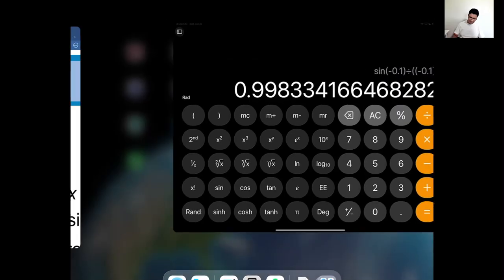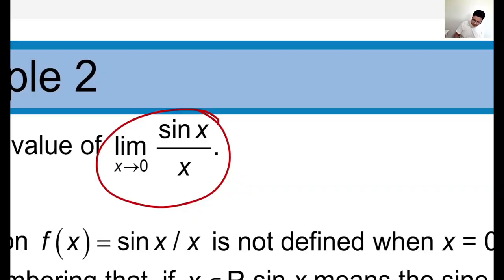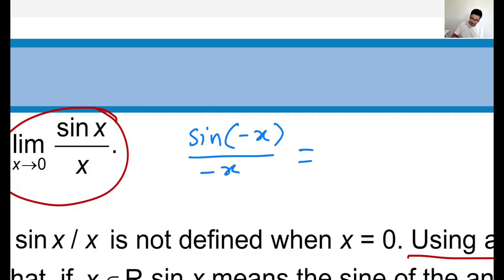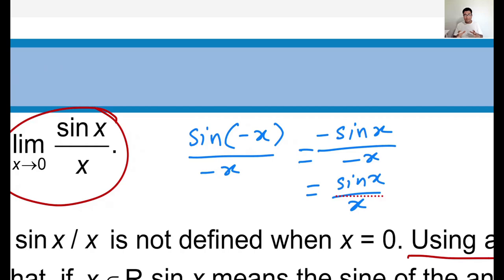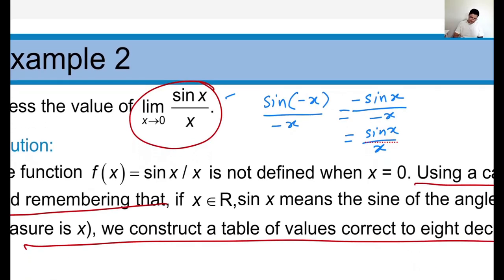Approaching from the left and right is not a worry here because sine of minus x over minus x is an odd function over an odd function, remember from the concept of odd and even. So it will be minus sine x over minus x, hence ultimately it is sine x over x. Whatever limit it was approaching from the right, we knew it will definitely be the same limit from the left side as well.